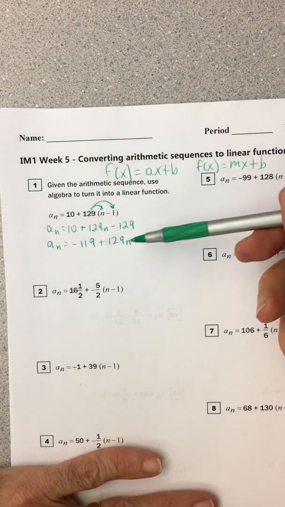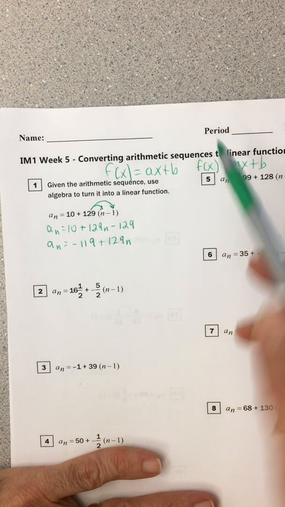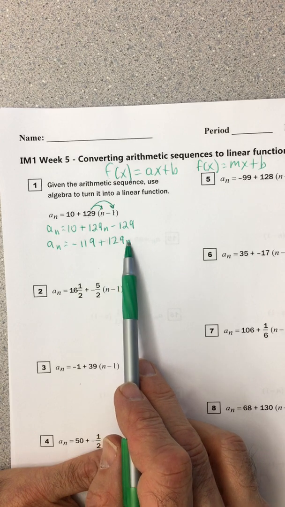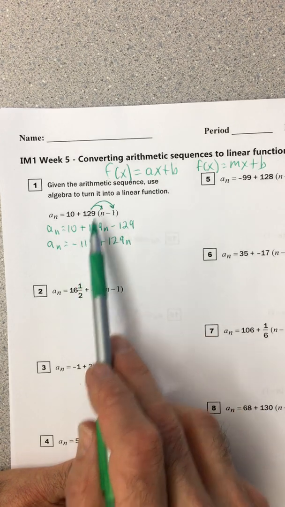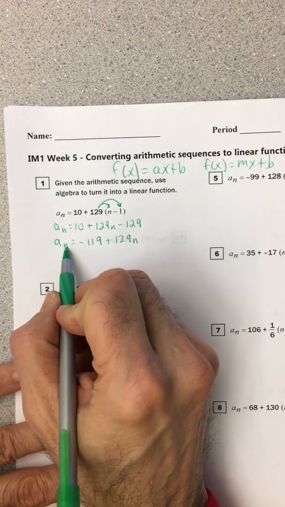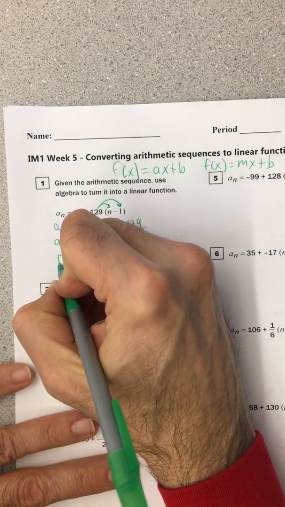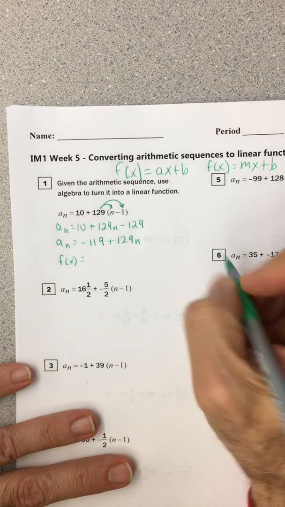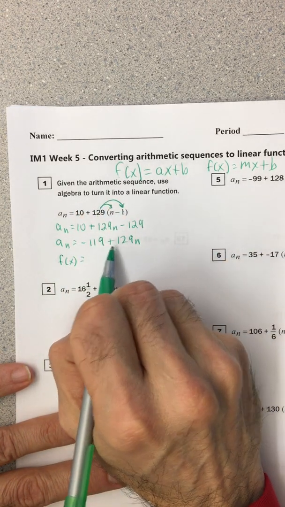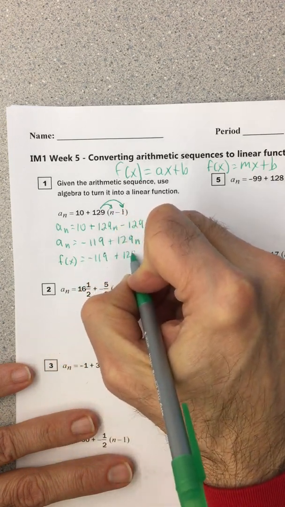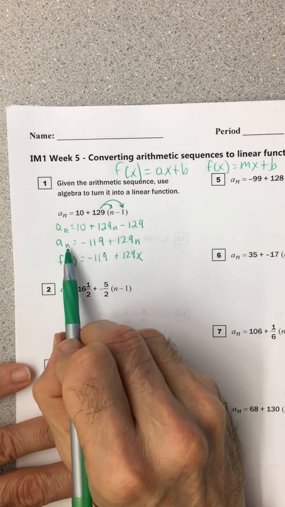So this is an arithmetic sequence that is in simplified form. All right, well, it looks a lot like this. I've got my ax is like 129n, my b, all I gotta do now is convert it. So instead of an, I'm gonna go f of x equals negative 119 plus 129x.